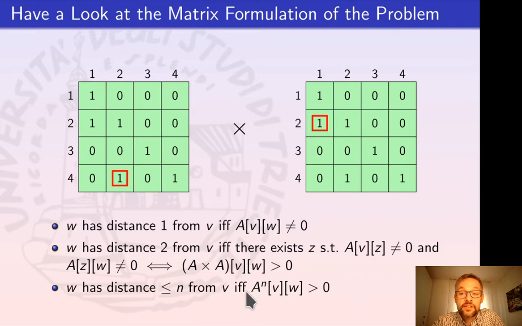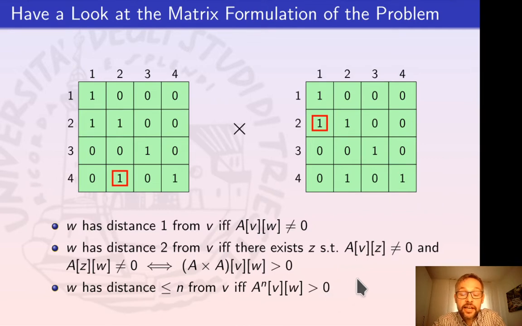So if I keep repeating the multiplication of A times A n times, and I look at the element in position VW, I end up with an element equal to 0 every time W is not reachable from V by using a path having distance at most n. Otherwise, I end up with something which is greater than 0.